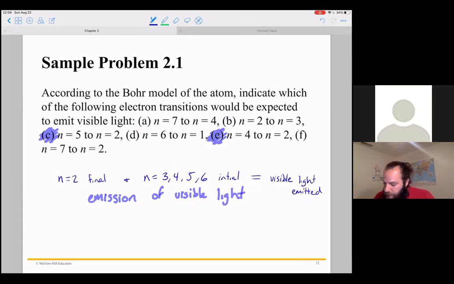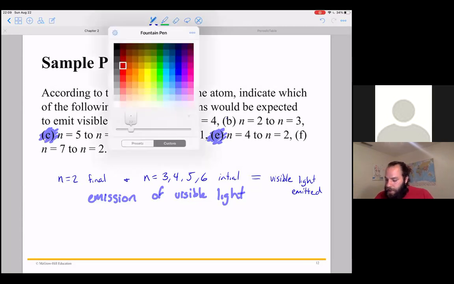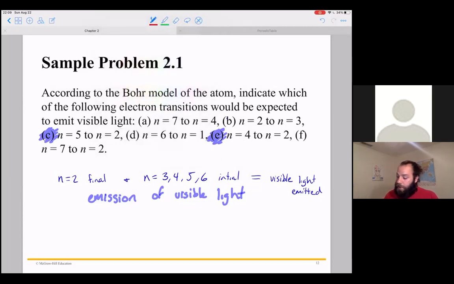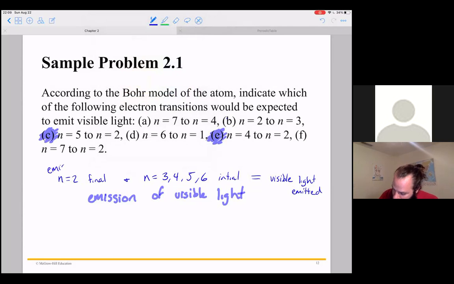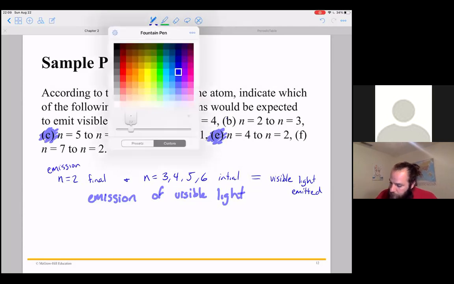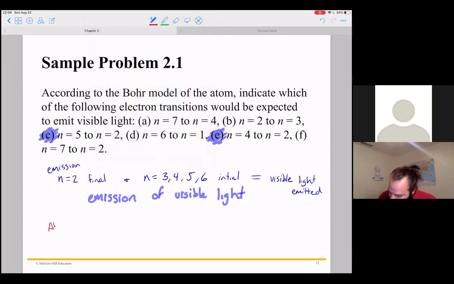The other question that I could ask is, instead of emit visible light, what if I said absorb visible light? Then the rules would just switch. So again, this is emission. If we wanted to say absorption of visible light, then n equals 2 would have to be the initial value, and n equals 3, 4, 5, or 6 would be the final value.